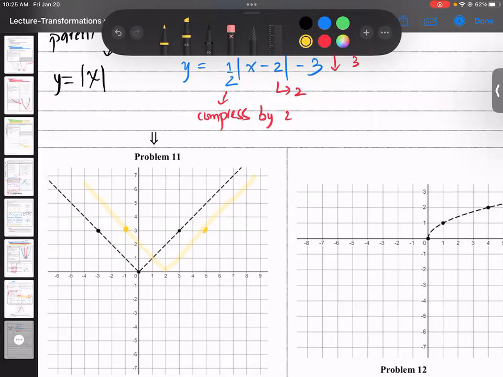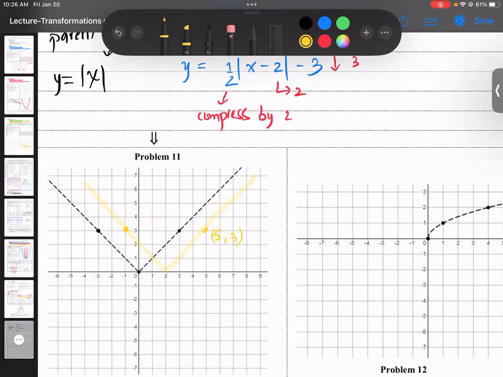Now, compress by 2. What does that mean? It gets skinnier by 2, right? I'm sorry, it gets wider. It gets wider by 2 in the y direction. So here is 5, comma 3.